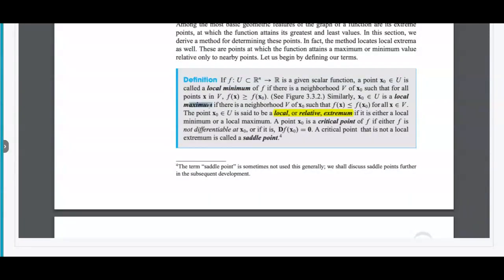Similarly, if this point is greater than all others, then it's called a local maximum. We also call relative minimum or relative maximum. And when we talk about both together, minimum or maximum, we use extrema, one word for it. So the point x naught is called a critical point, same as before.